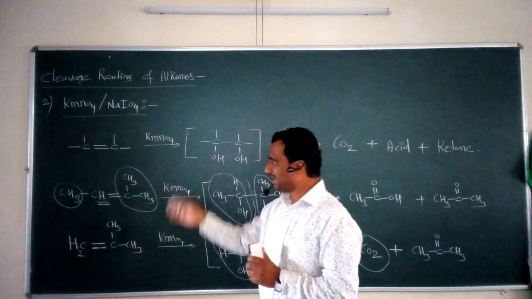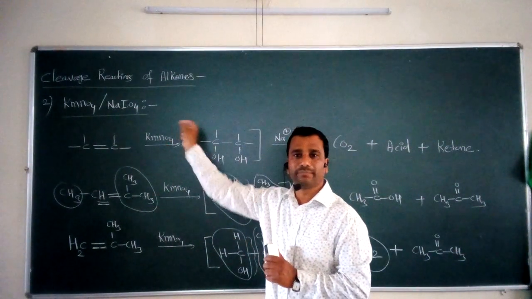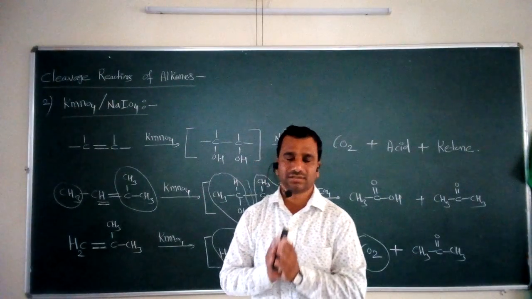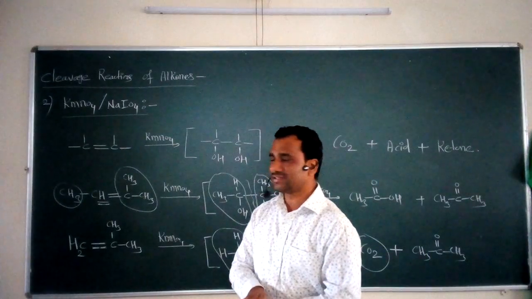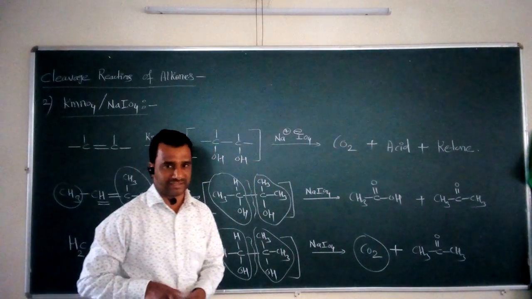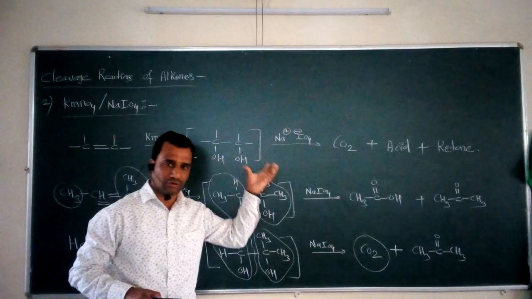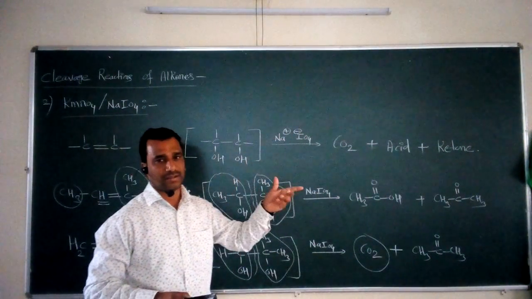So these are the three important observations obtained from these cleavage type of reactions by KMnO4 and sodium periodate. So this is the second type of important chemical reaction given by alkenes, called the cleavage reaction. In this cleavage reaction, what happens? This is a two-step mechanism. In the first step, you get the formation of diol. Once you obtain this diol, it can interact with sodium periodate. In this case, what happens?